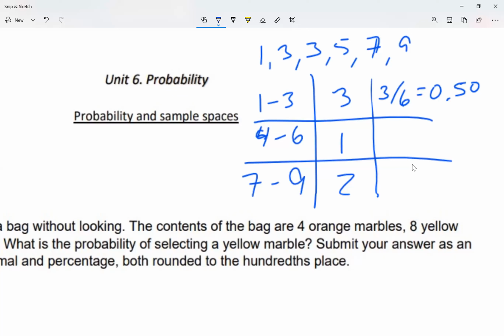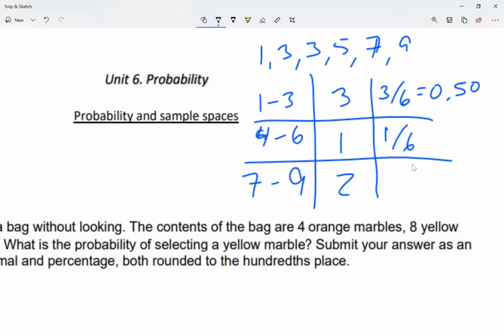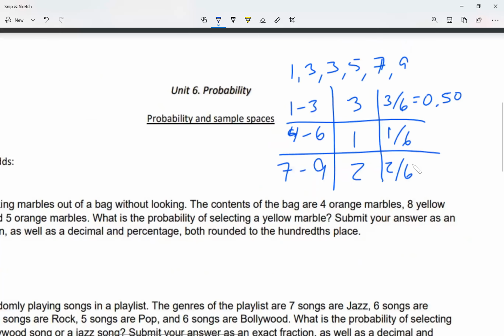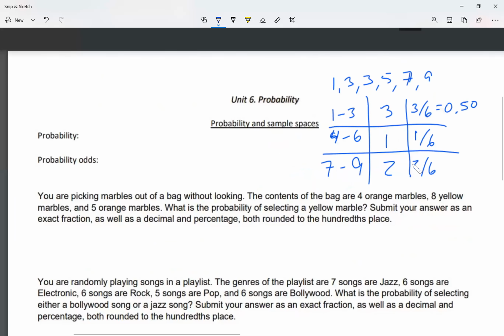And then from 4 to 6, I have 1 out of 6, and then I have 2 out of 6. Remember we used to do those? Okay, so that was what we call the frequency. Now, a probability is the long-term relative frequency of the outcome. So the long term. Now, in this case, we're going to be looking at this as a decimal.